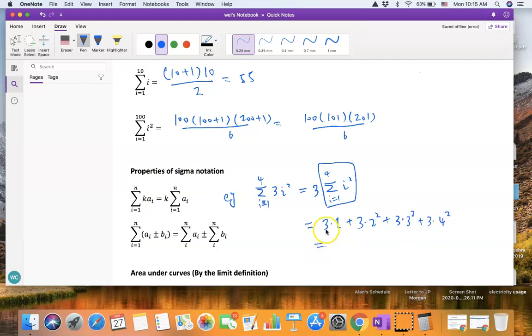Since every term has 3, we can factor out this 3 and have 3 times 1 square plus 2 square plus 3 square plus 4 square. And the summation in the parentheses, we can replace by this sigma notation.